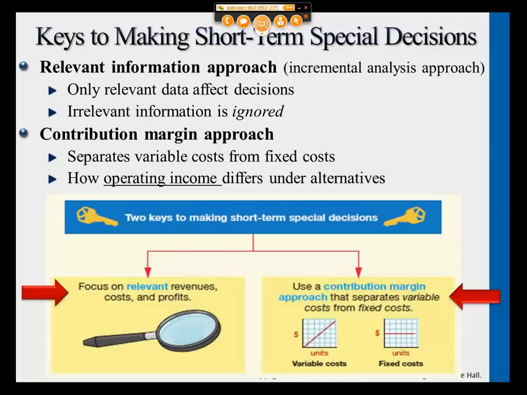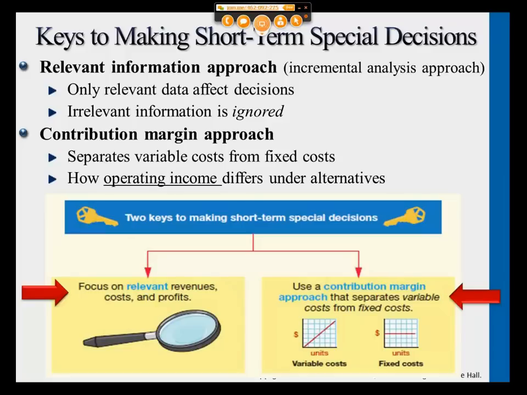And we'll also see how the operating income differs from all the alternatives. Okay? So right here, we'll look at what is our variable cost and what is our fixed cost. We've done it last chapter, right? And we'll see how operating income is different.